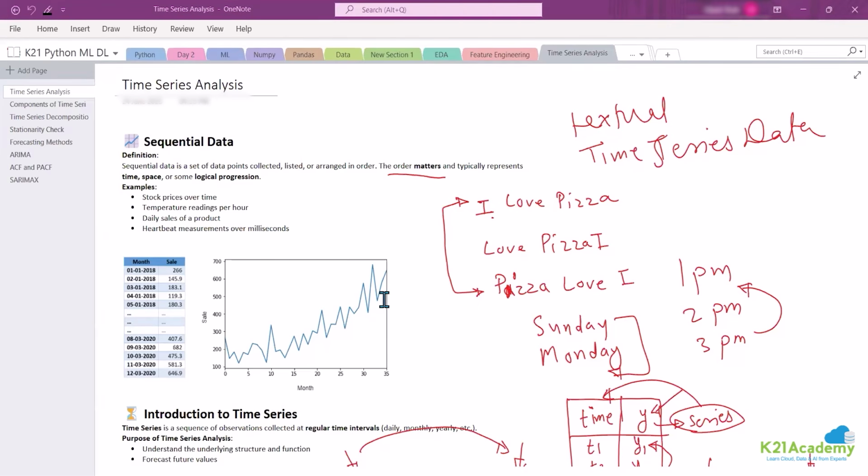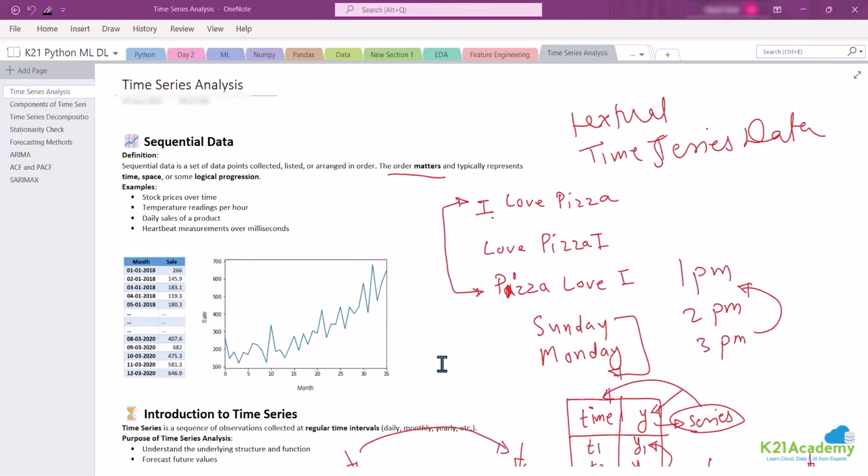Similarly, time series data is arranged in a sequential manner, and there are different frequencies of time: nanoseconds, milliseconds, seconds, minutes, hours, days, weeks, months, quarters, and years.